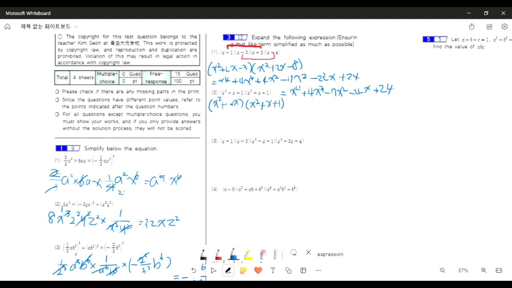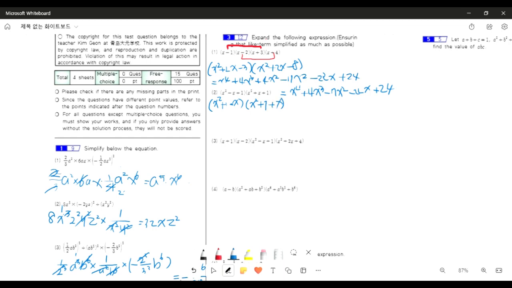Then we can find this: x squared plus 1 plus x and x squared plus 1 minus x.